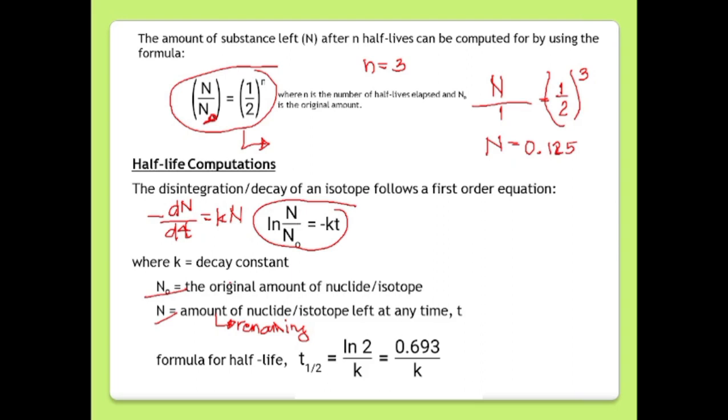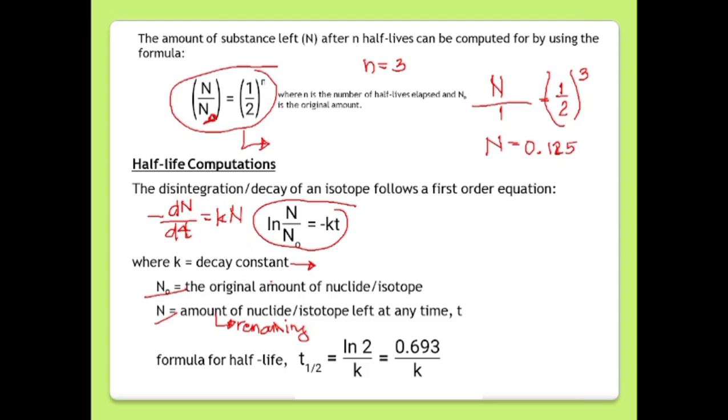So, this N stands for, nasabi na natin kanina, amount of nuclide, and N0 is the original amount. And k here is the decay constant. Magkakaiba kasi ang decay constant natin. This is the reason why magkakaiba din ang half-life natin.